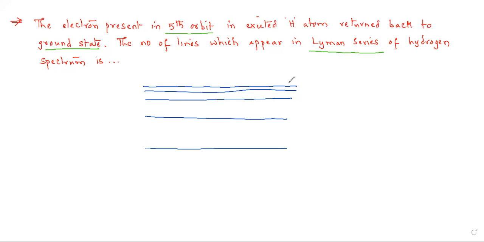This is the first orbit, this is second, this is third, this is fourth, and this is fifth. Now, simple thing. You got your answer. Only the number of lines formed in Lyman is what they are asking. So, number of spectral lines formed in Lyman series is 4.